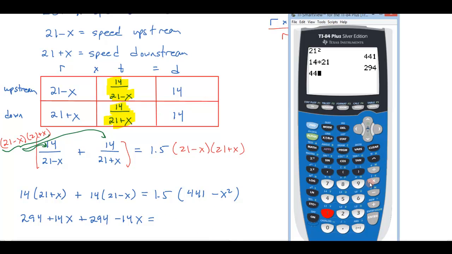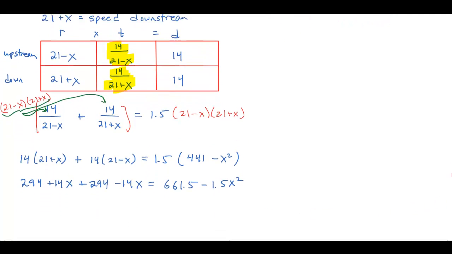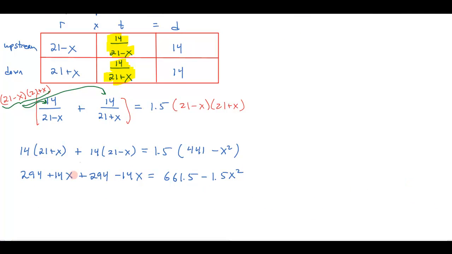So let's figure that out. That's going to be 661.5 minus the 1.5x squared. Okay, so it looks like the 14x's will cancel. So let's take everything over here on the left. So I get a positive 1.5x squared.